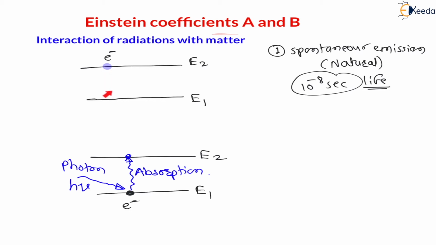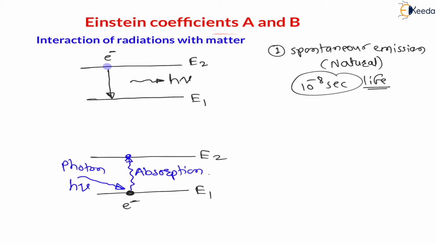After this time, the electron again moves to the lower energy state on its own, and during this process, one photon of energy h nu is emitted, which is nothing but the difference of this energy level, E2 minus E1, right? And this process is called spontaneous emission, right?